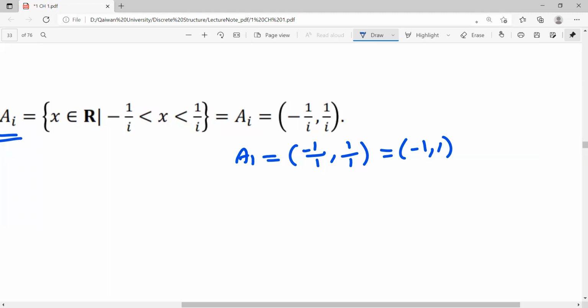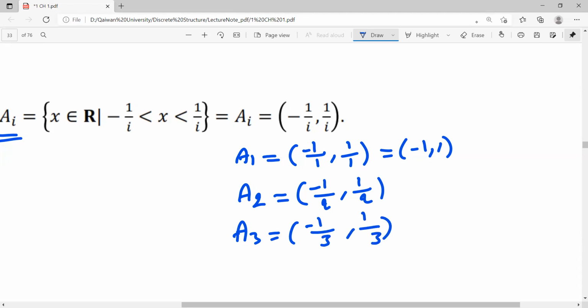So A2 is minus 1 over 2. We just replace I by the index. If the index is any number, we just replace I by that number. It's minus a half to a half. A3 is minus 1/3 to 1/3.